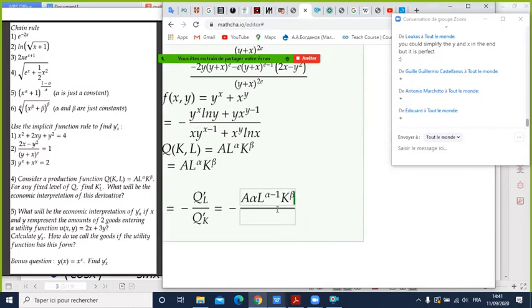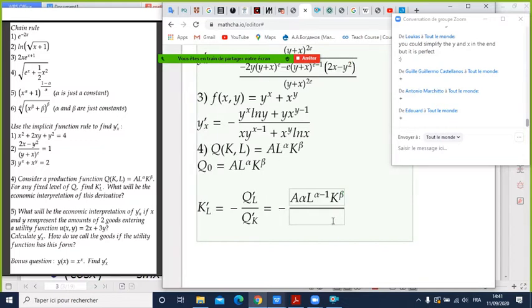So for me it works like a coefficient, so the only thing I have to do is to derive L to the power of alpha, and alpha is constant.